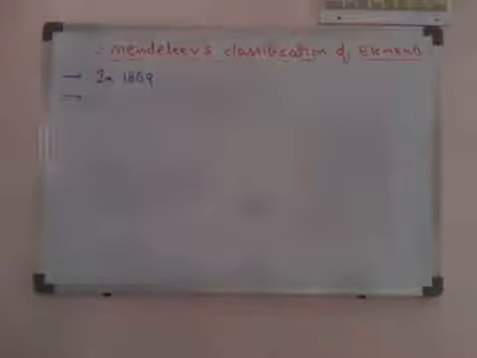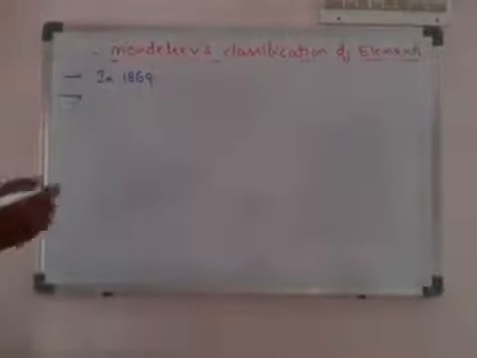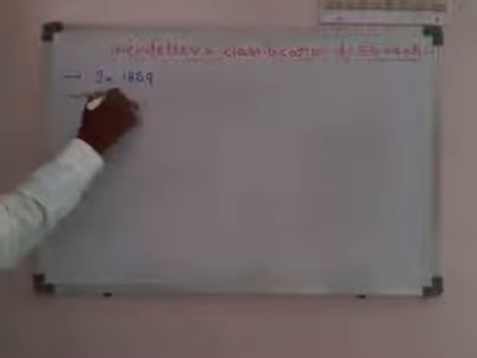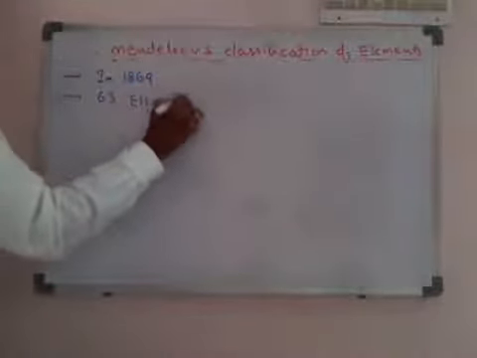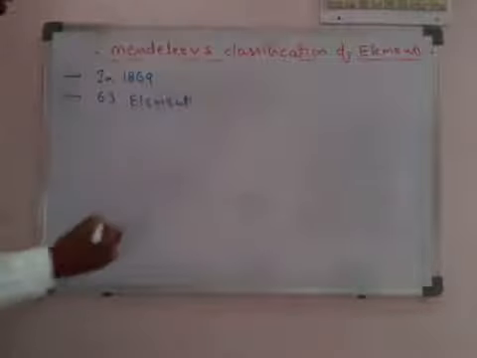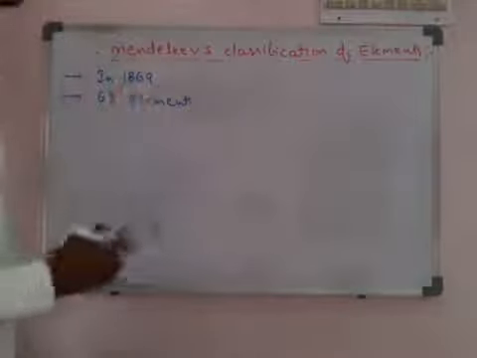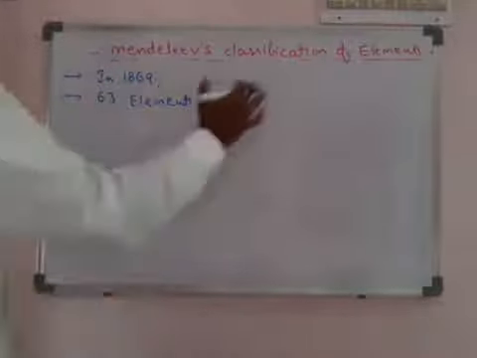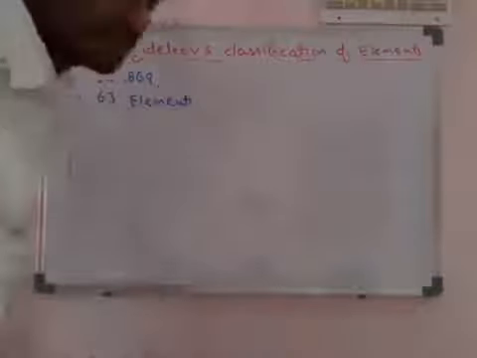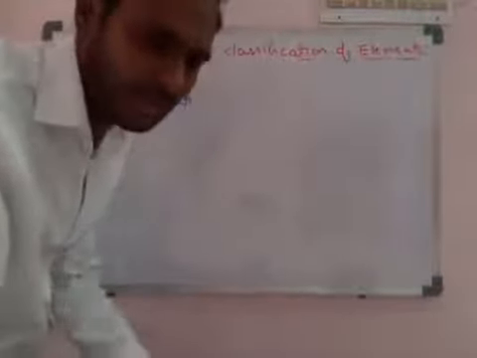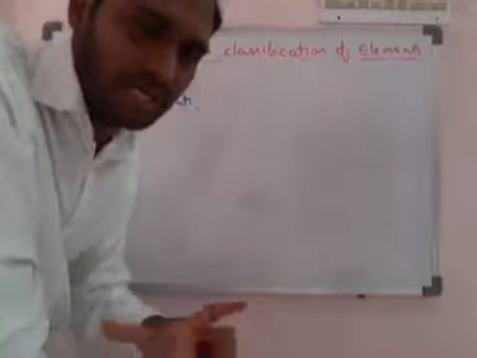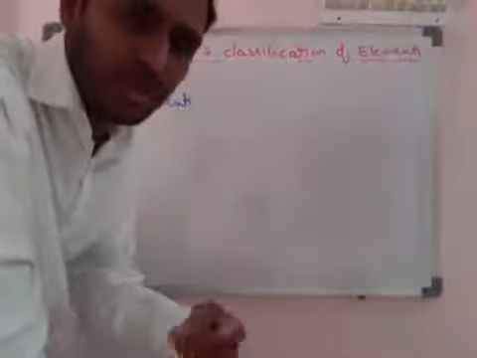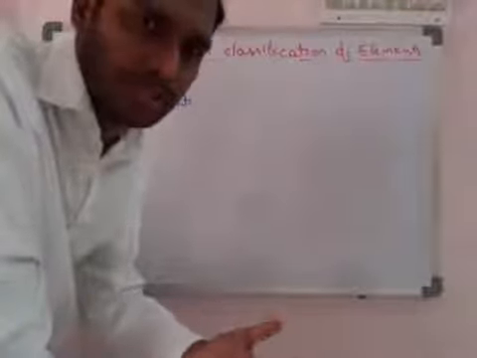Next important point: at that time there were only 63 elements. Nowadays nearly 118 elements have been discovered, and some are going to be officially announced.